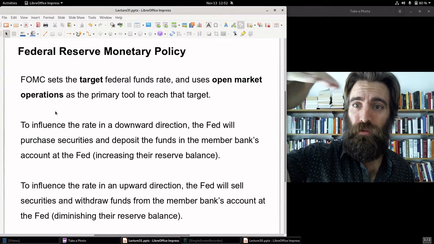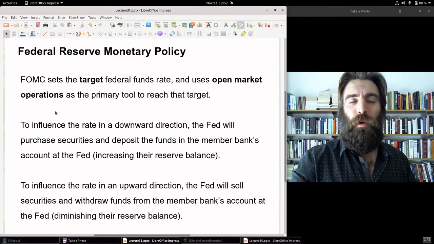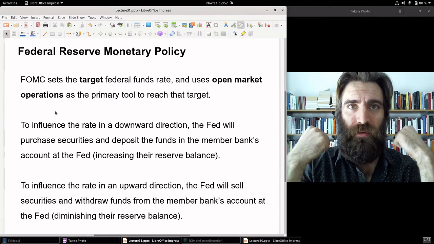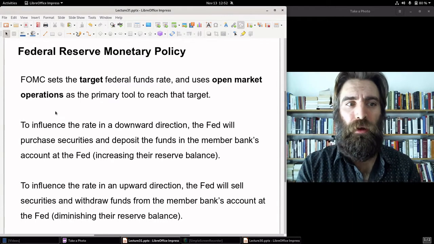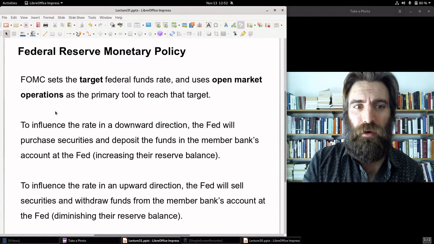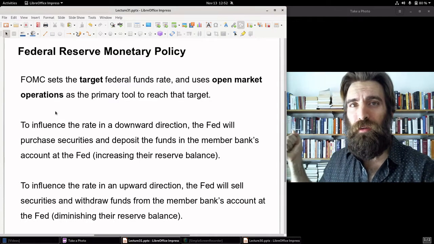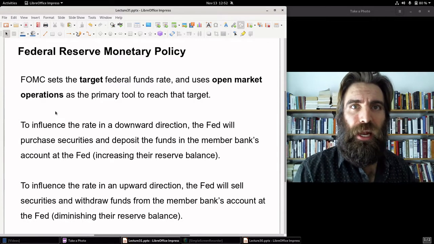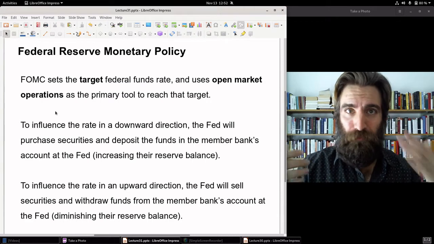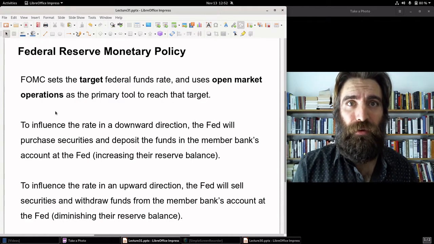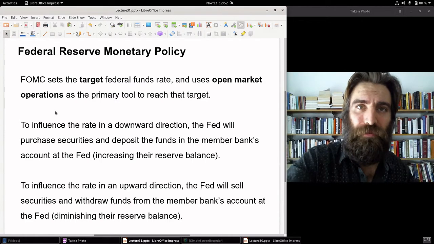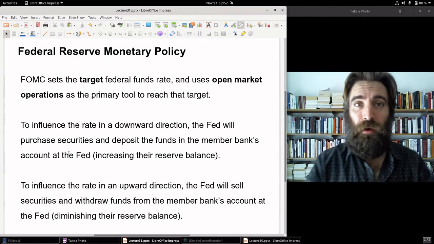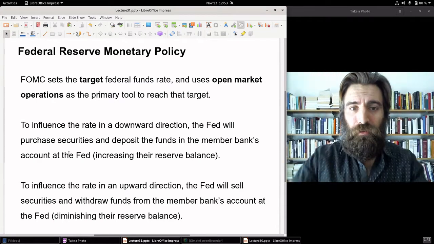Okay, so if the Federal Reserve wants to cause the federal funds rate to go down, what they do is they will buy securities, treasury bonds, whatever. They will purchase securities, and then in purchasing that, deposit funds in that primary dealer's account at that member bank. They'll deposit the funds in that member bank's account at the Fed, essentially increasing their reserve balance.